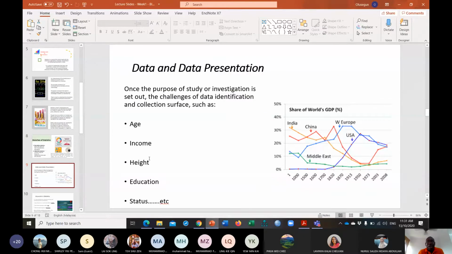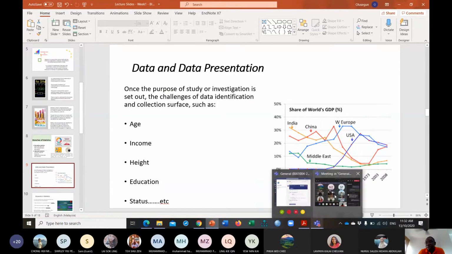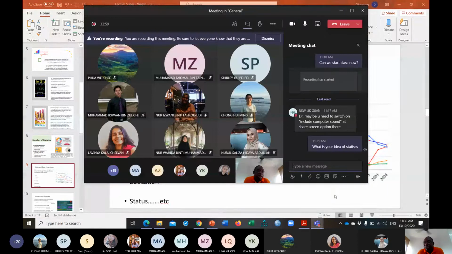I hope that explanation about sample is clear. Anyone? Is that explanation about sample clear? So we go to data representation. Please let me know if you are okay with that, because today's class is an introductory class.